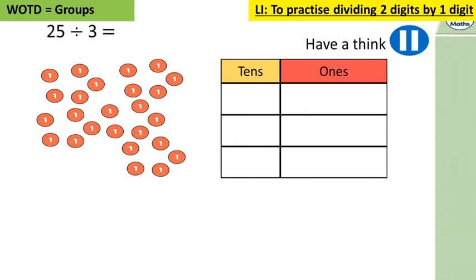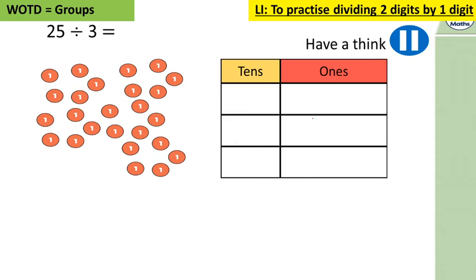So I'm going to try it slightly differently now. You can, if you want, pause it and count up how many groups of 3 you've got there, but I'm just going to try a slightly different way here. I'm going to go through my times tables. So if I go through my threes, I've got 3, 6, 9, 12, 15, 18, 21, 24. So 8 times 3 is 24.